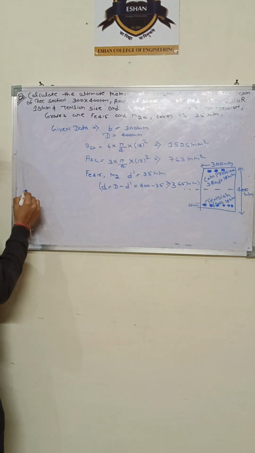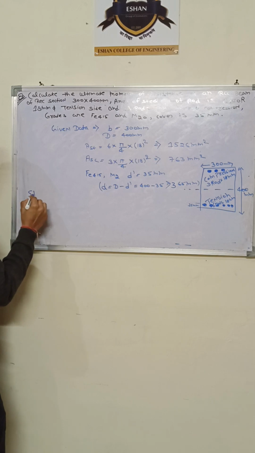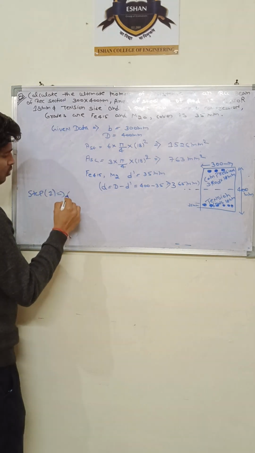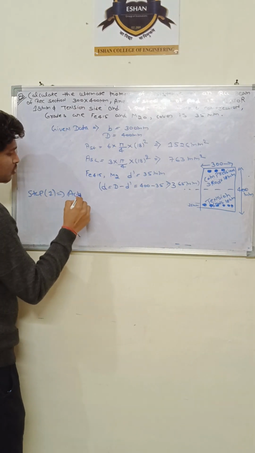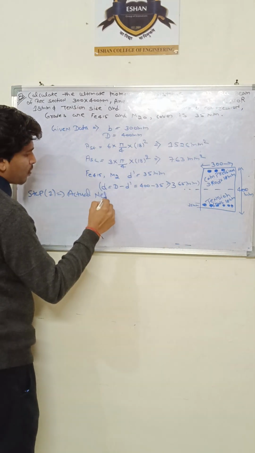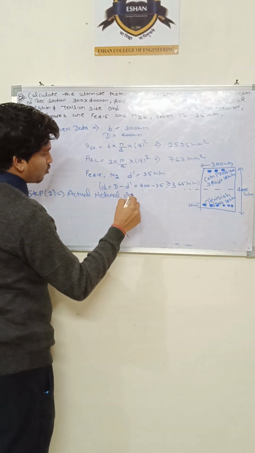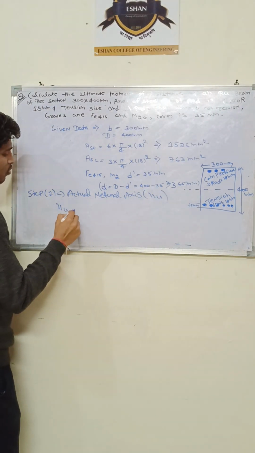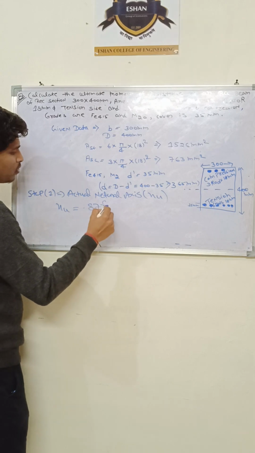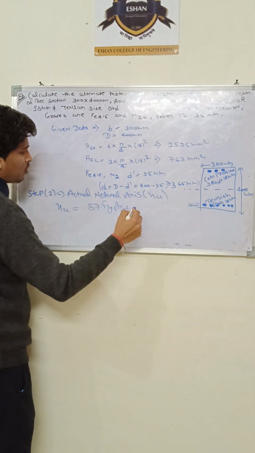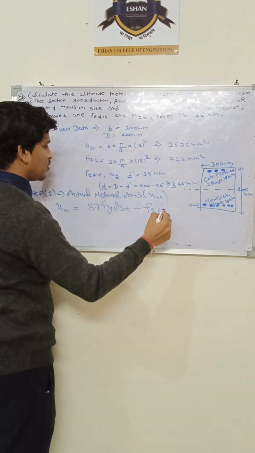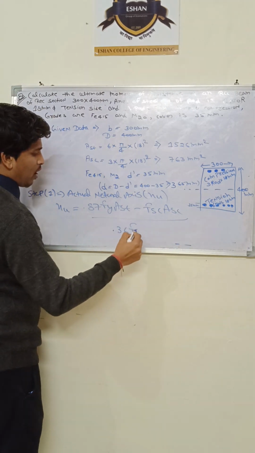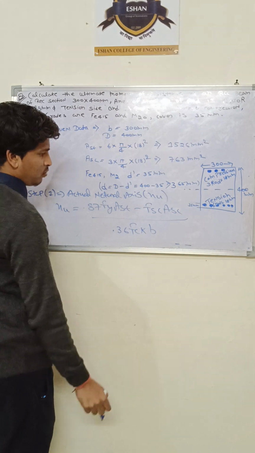Design steps for this numerical. In step number one, we calculate the actual neutral axis, denoted by Xu. Its formula is Xu equal to 0.87 fy Ast minus fsc Asc upon 0.36 fck b.